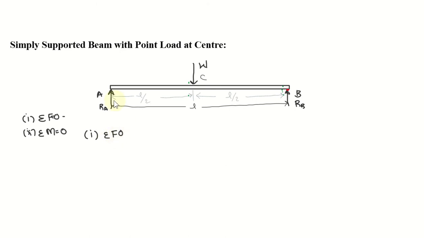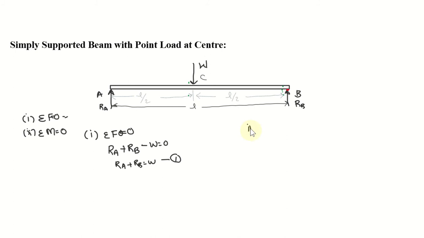RA and RB are the upward forces, let me say positive, so RA plus RB, and we have the downward force W, so minus W is equal to 0. RA plus RB is equal to W. So the sum of upward forces is equal to the sum of downward forces. That is the first equation we got from the first equilibrium condition.